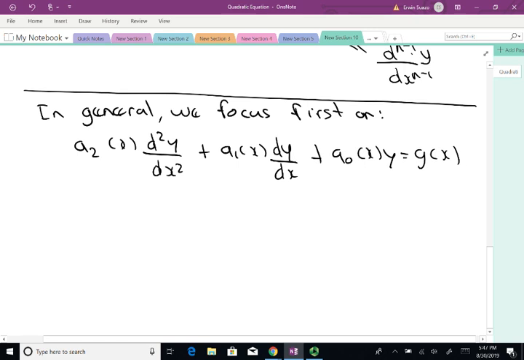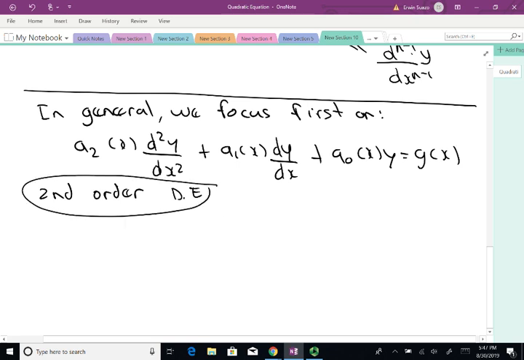Okay, so this is a second order differential equation. And then you need two initial conditions.